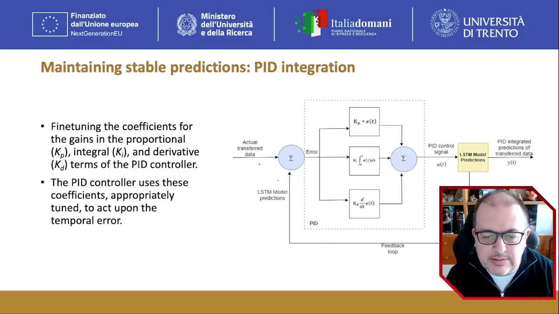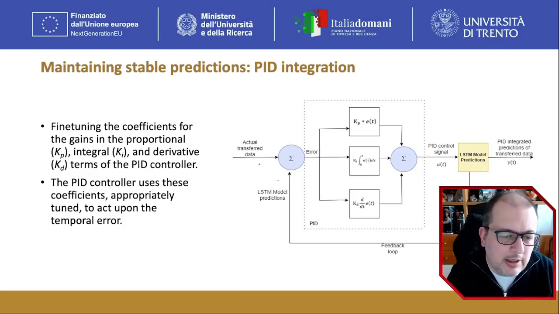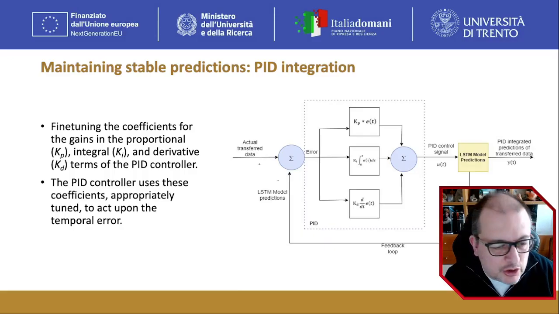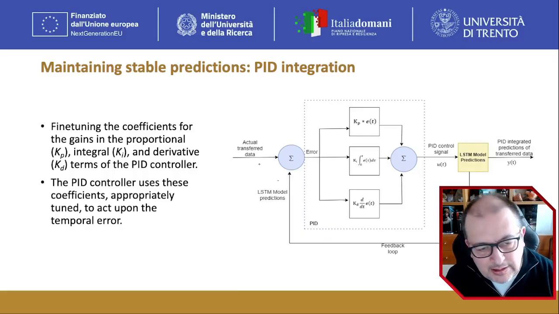As you see in this picture, the idea is that we will continuously receive data from the physical twin, and we will compare this data with our predicted values, so we align the time scale between the two, and based on the error that we get, we will use proportional, integral, and derivative corrections, so that we can have a more stable control signal to send to the prediction model to improve and adapt the prediction so that it is aligned to the actual data that we have.